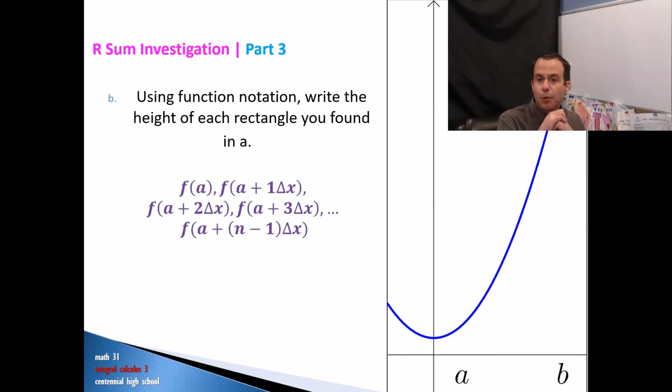And so you end up with f of a plus 1 increment, f of a plus 2 increments, f of a plus 3 increments, all the way to f of a plus n minus 1 increments, or 1 less than wherever we stop. I used n here to represent wherever we would stop. And it's 1 less because we're always starting at the left of the rectangle, not the right of the rectangle.